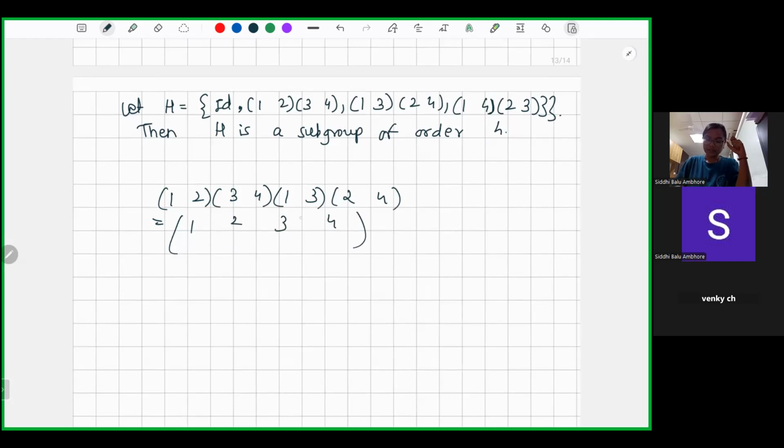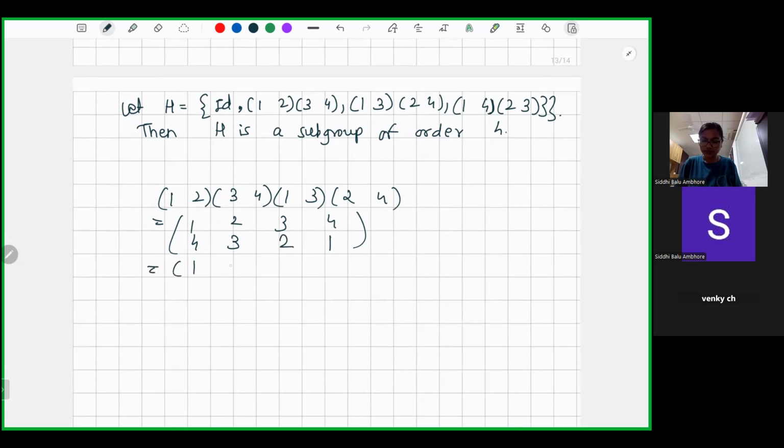And 1 goes to 1 here, 1 goes to 3, 3 goes to 4, 4 here, 1 goes to 4, 4 goes to 2, 2 goes to 2, 2 here, 2 goes to 1. Okay, we started with 4, 4 goes to 1. Now 2 goes to 4 here, 4 stays, 4 goes to 3, and 3 will go to 2 here.